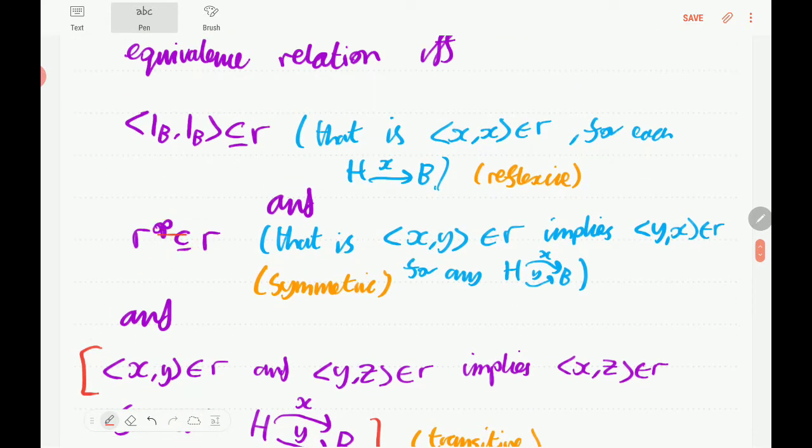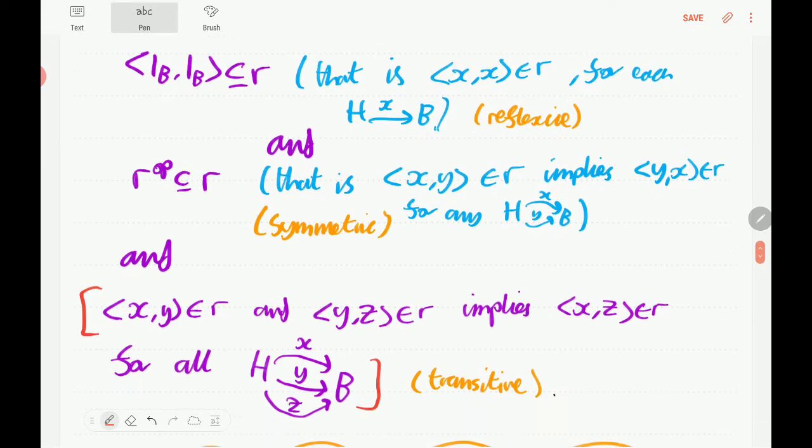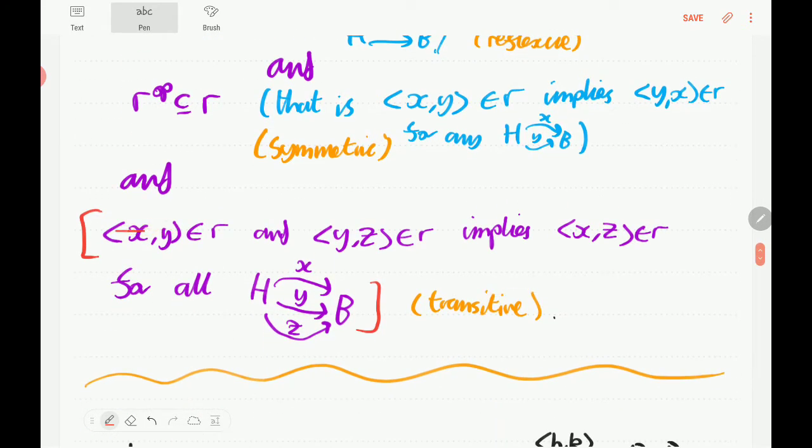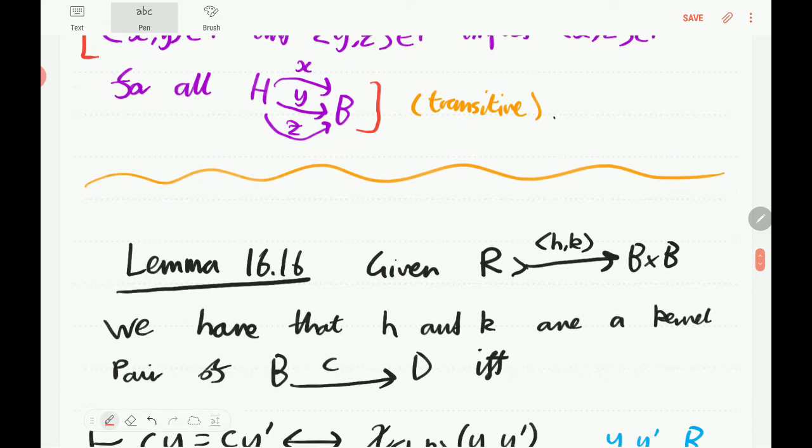Symmetric means R op is contained in R, which basically means whenever ⟨x, y⟩ is in R, we have ⟨y, x⟩ is in R. And transitive means when ⟨x, y⟩ is in R and ⟨y, z⟩ is in R, we have ⟨x, z⟩ is in R. And this happens for any x, y, and z coming from a particular object into B, and similarly this holds for any arrows x and y coming from a particular object H into B.